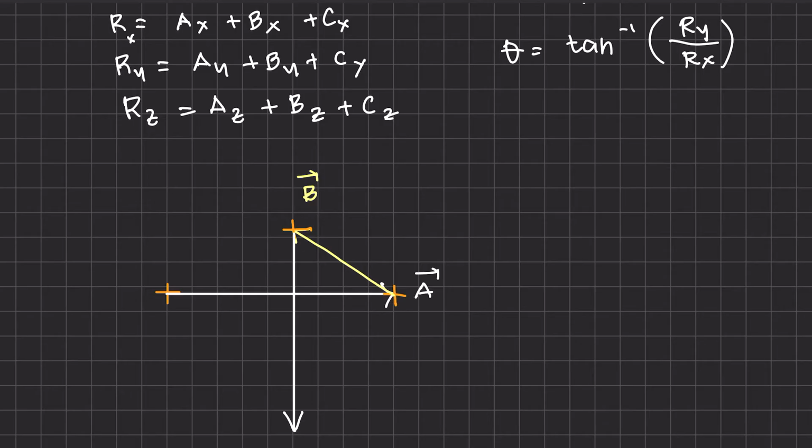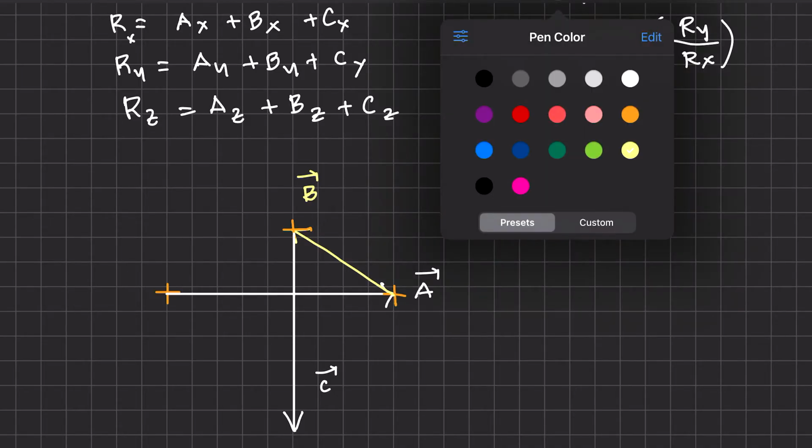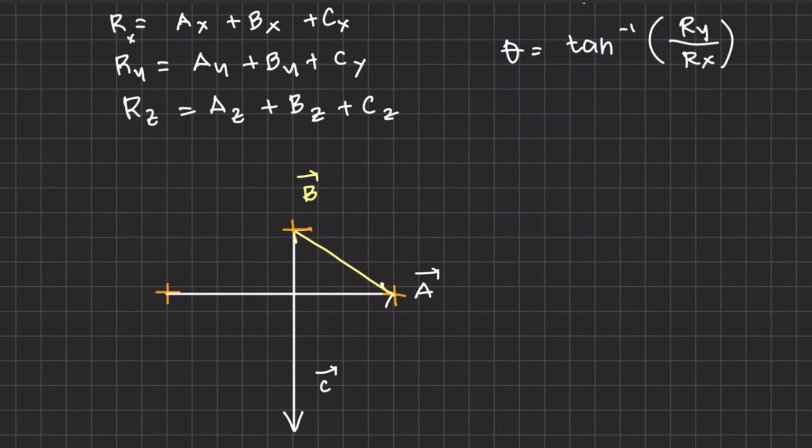So you have vector C. So for the resultant vector, we just have to connect the starting point going to the end point. So this is now our resultant vector from the tail of vector A going to the head of vector C. That's our resultant vector.